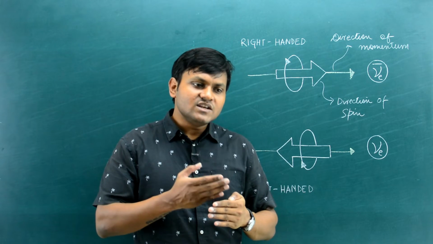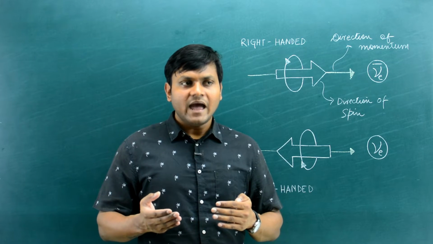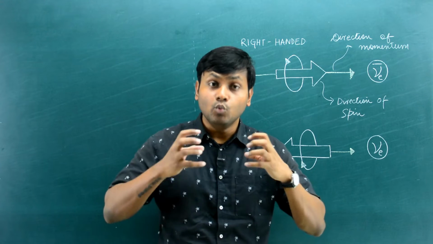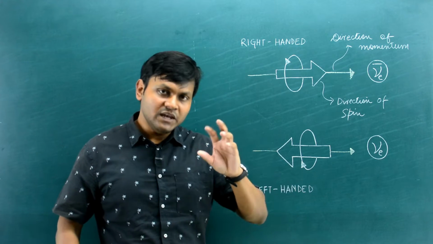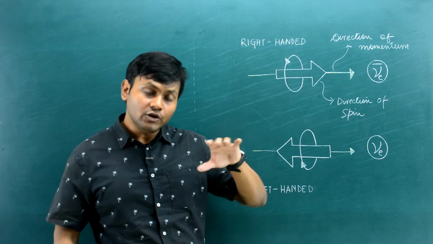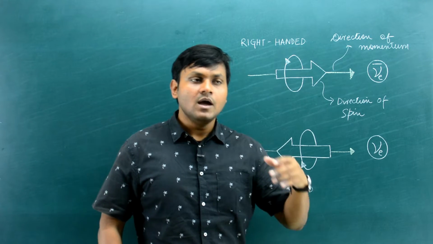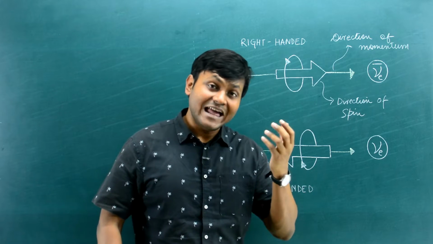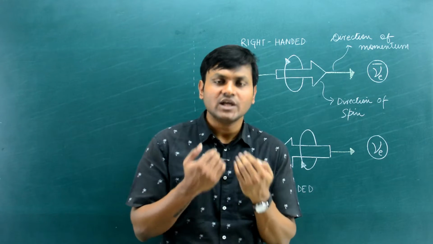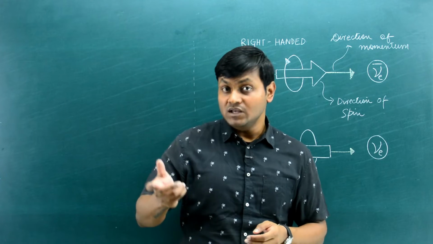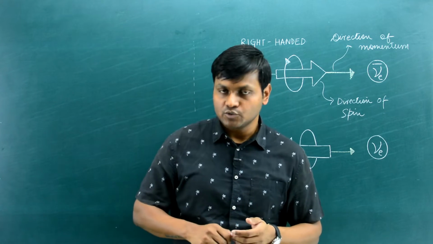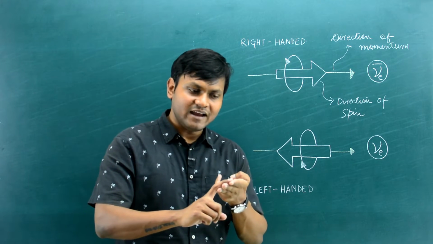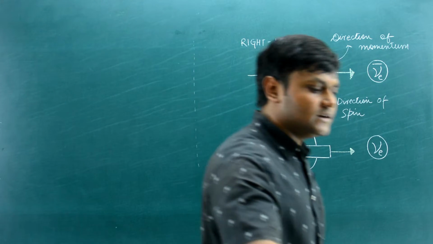So it is an intrinsic property of these quantum particles, and sometimes, for the sake of a better visualization, we say that the particle is spinning on its own axis, which is contributing towards this particular angular momentum. But just to be clear, there is no actual spinning; it is helpful only for the sake of visualization and understanding of what we mean when we say there is a spin angular momentum associated with this particle. So having said that, there are three different ways of distinguishing left-handed particles from right-handed particles.